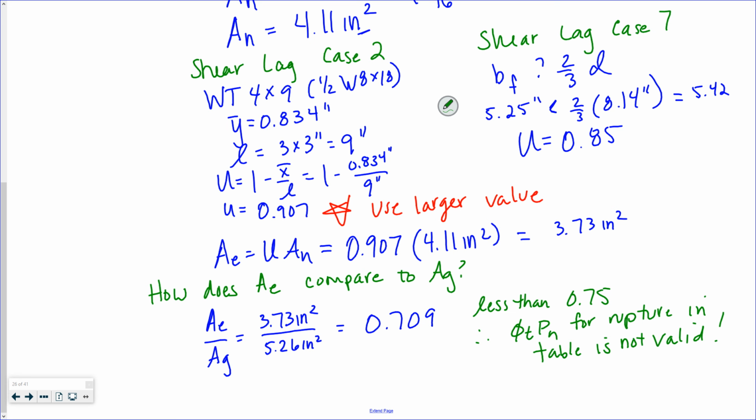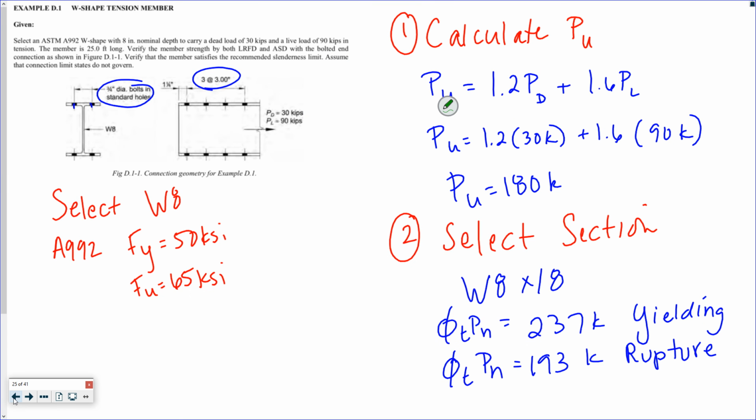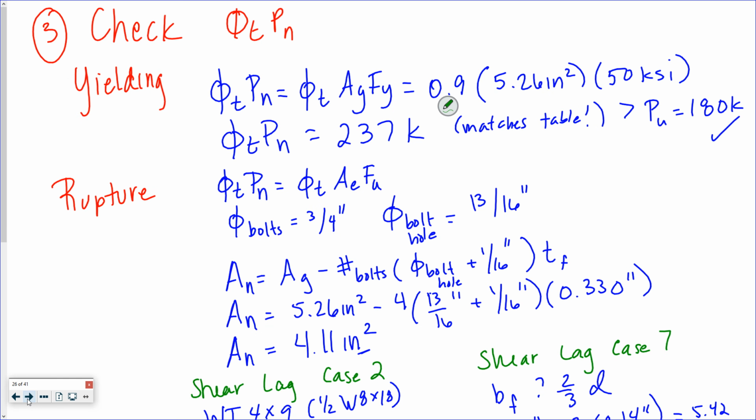So that value that I had from the table, which was 0.93, is no longer correct. So I need to actually calculate it. How did that work a second ago? It didn't work now. Interesting.